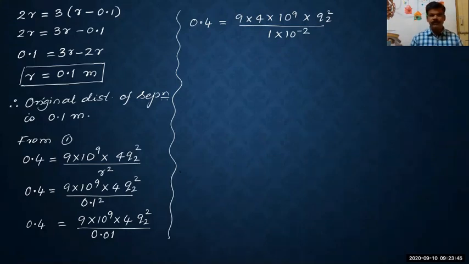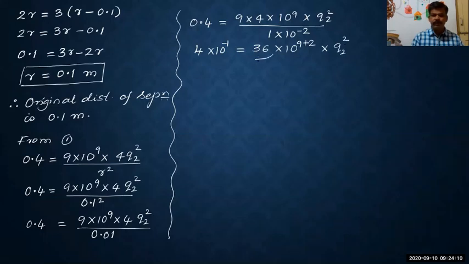Right. Now it is the time to make all the changes. See, 0.4 can be written as 4 into 10 raised to minus 1. 9 sixes are 36 into 10 raised to 9. This minus 2 becomes plus 2 into Q2 square.